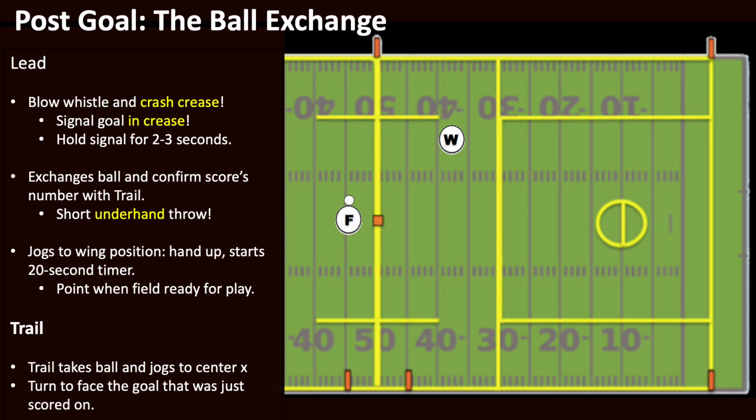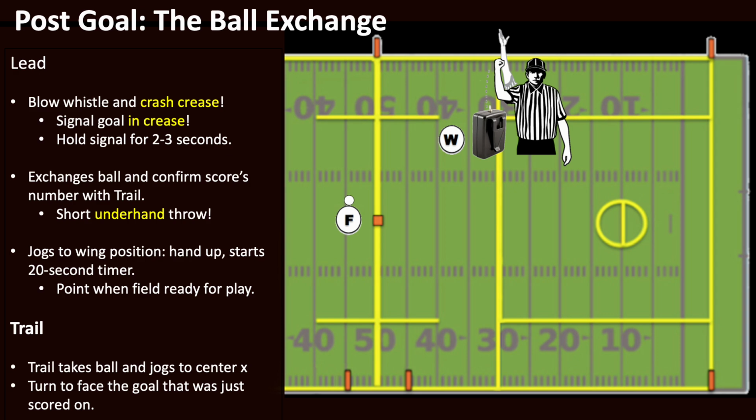When you know that the face-off official has the ball and is inside that circle that's usually formed by the girls' lacrosse circle around the face-off X, or it's just pretty close to the face-off X, you are going to raise your hand and turn on your 20-second timer, signaling everybody that the officials are ready, and so now everybody has 20 seconds to get into position for the face-off.